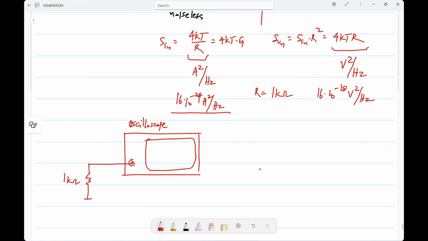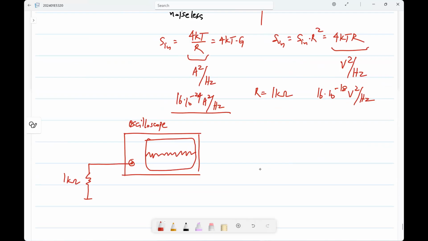The oscilloscope, straight line? I mean, then it's not a straight line. You'll see wiggles, right? You will see noise. Why? But I've not connected anything to the resistor, right?